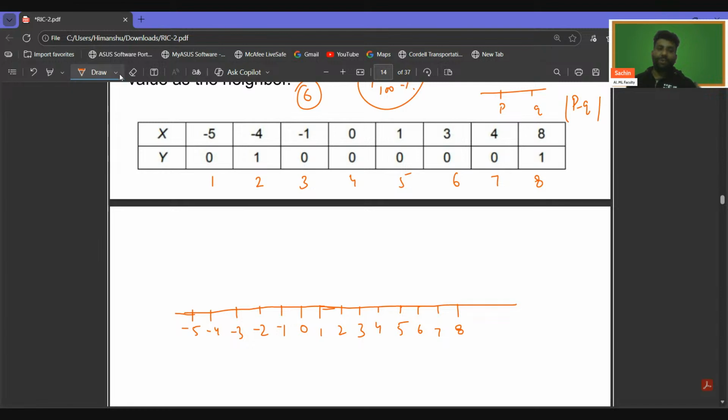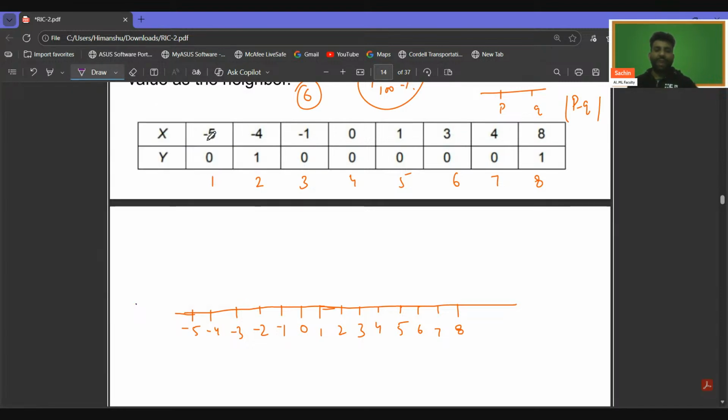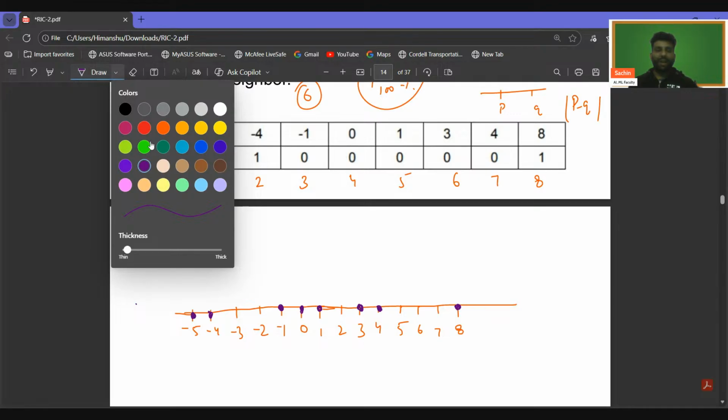If I mark the ones being used over here, we have -5, we have -4, we have -1, then we have 0, we have 1, we have 3, we have 4, and we have 8. Now, if I talk about the class, I can write it now.